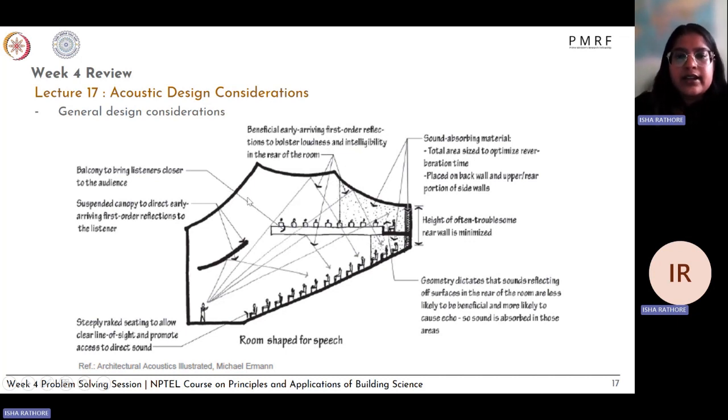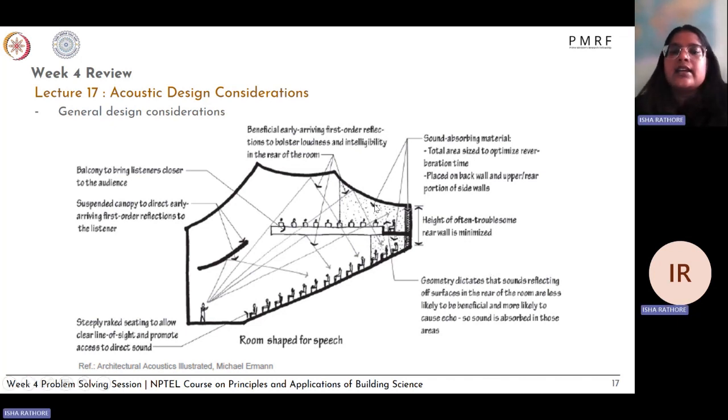Similarly, this type of profile is beneficial for early arriving first order reflections which are coming again from the speaker, such that they bolster the loudness and intelligibility index in the rear of the room, and it is not causing echo effects to these listeners who are sitting behind.